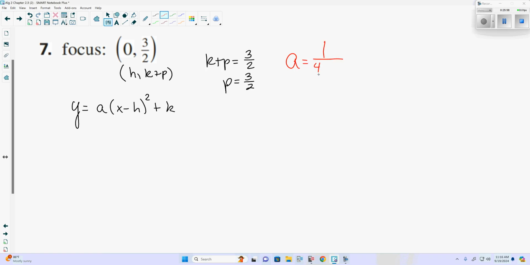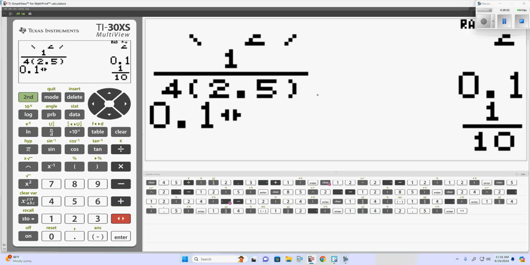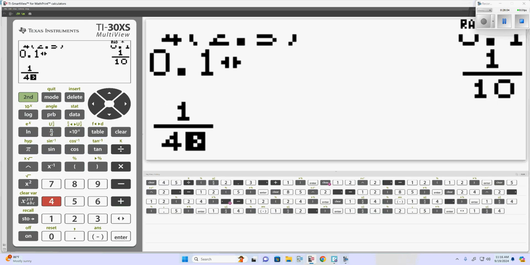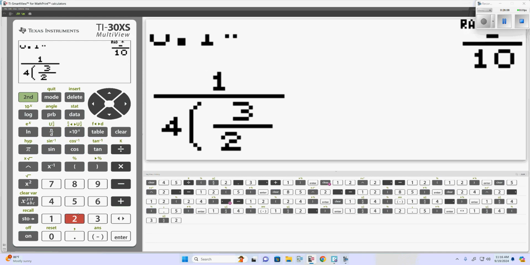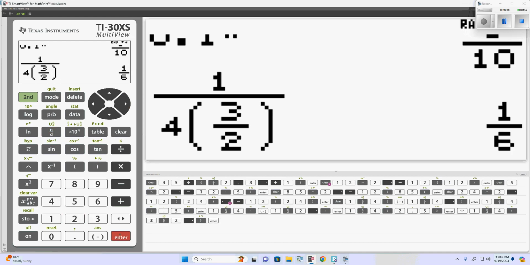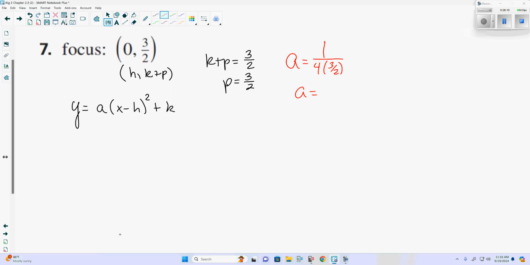A is equal to 1 over 4p, 1 over 4 times 3/2. I think it's 1/6, but let's make sure. Y equals 1/6, since h is 0, x squared plus 0. That's all.